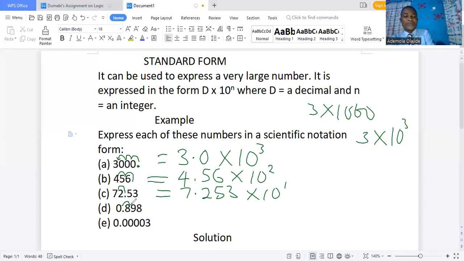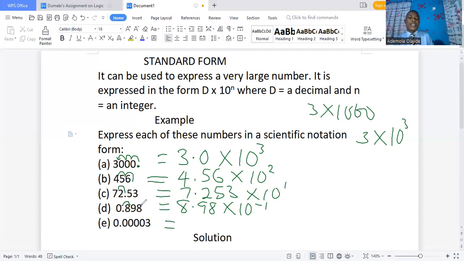So this would simply be 8.98 times 10 to the power of, since you have to move once before you get to the back of the first non-zero digit. So it will be -1. It is -1 because the number you are expressing in this standard form is in itself less than 1.